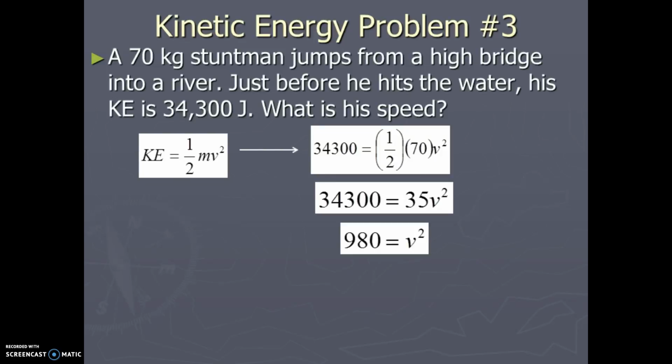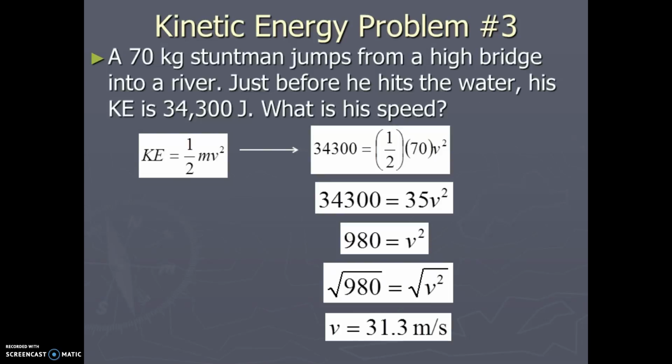And we end up with 980. The next thing we want to do is take the square root of both sides to get rid of that squared on the v. And you should end up with v equals 31.3 meters per second. Meters per second are the correct units for speed.